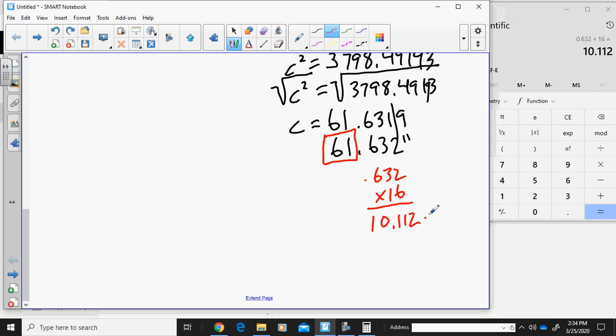So we'll round that to 10/16, which reduces to 5/8 of an inch. Alright, so 61 and 5/8 of an inch would be the total rafter length.